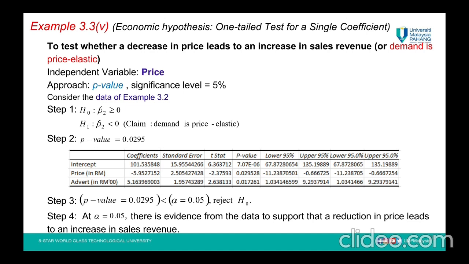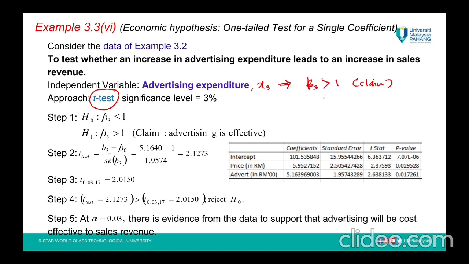So if beta 3 here is greater than 1, it means that advertising is effective. Since the inequality used here is greater than and not equals to, this is under H1.